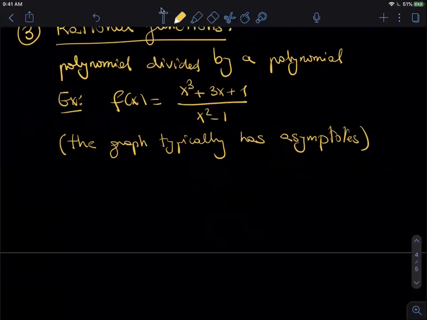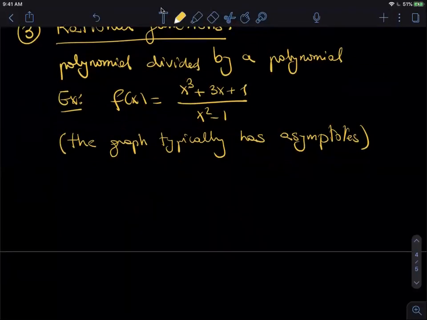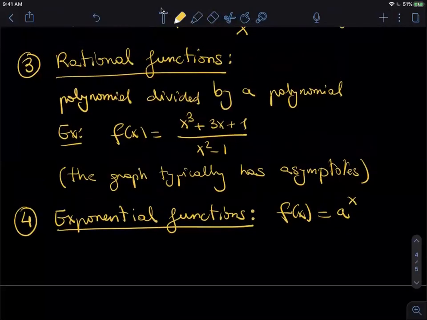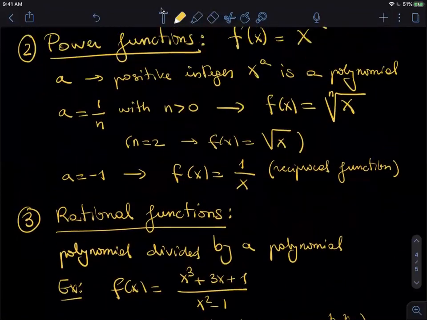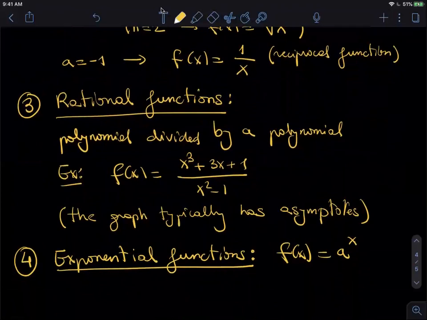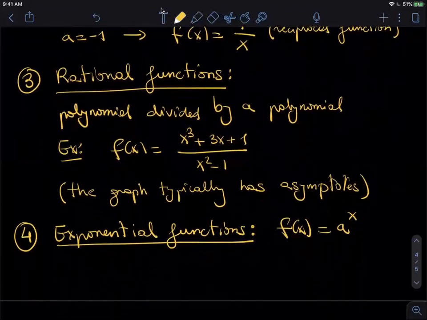Okay, so 3 more to go. The fourth type is the type of exponential functions. These functions are of the form a to the power x. It looks similar to what we saw before with the power functions, but you see the a being up or down makes a big difference. Here, the a must be positive.